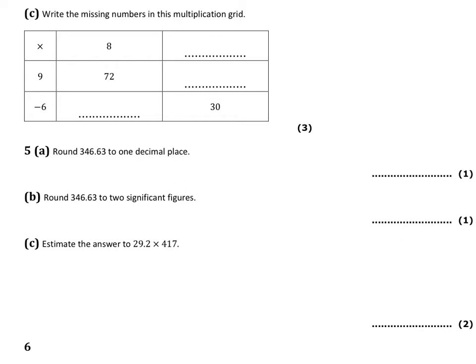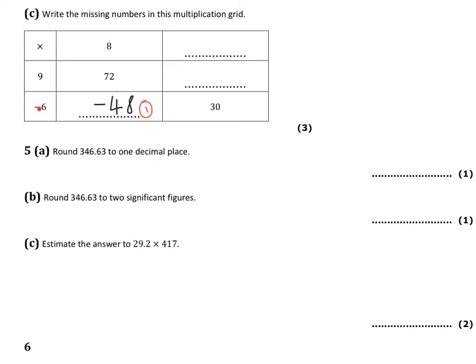So we've got to write the missing numbers in the multiplication grid. So we can see there we've got 9 times 8 is 72. So 8 times minus 6 is minus 48. 1 mark for that. And then we have to work out something else.